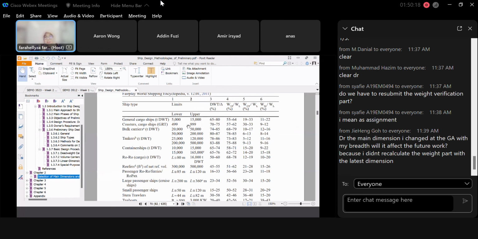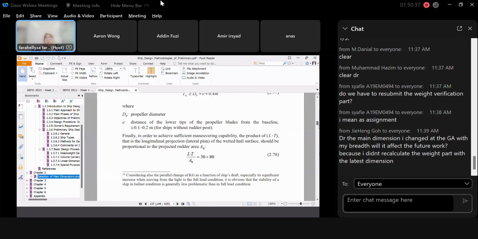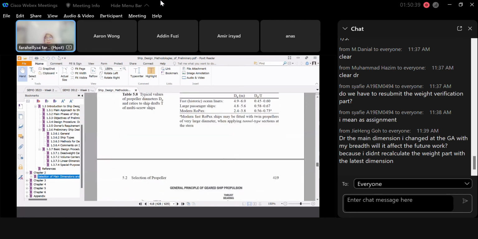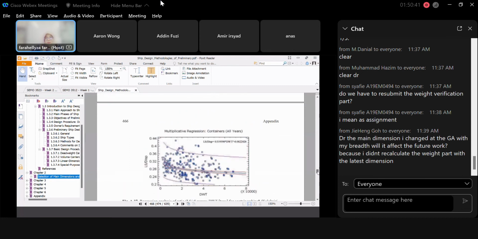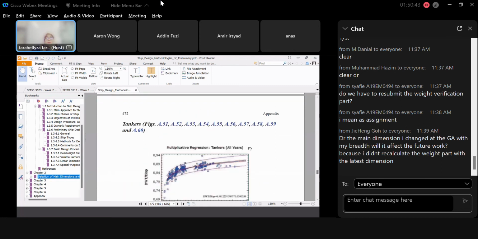Okay, so you have the DWT given to you, or if it is not given to you, you are given in terms of TEU, number of passengers, and GRT. Okay, there are some empirical diagrams. In the Papan book as well, there is a Papan book empirical diagram in the appendix here, I cannot remember which appendix.